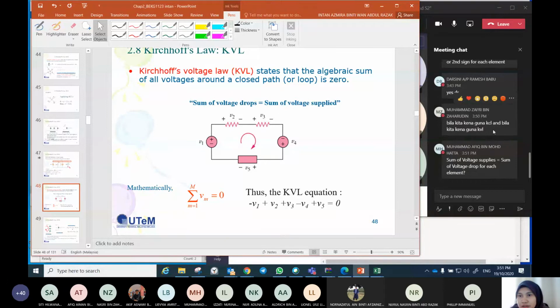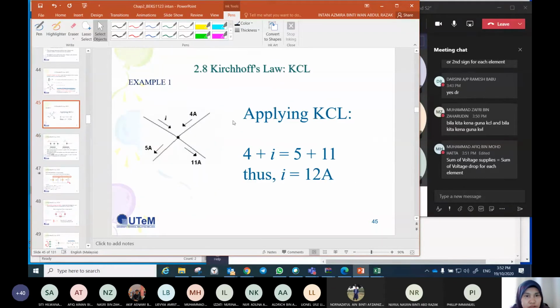When do we use KVL and when do we use KCL? If we want to find the voltage in a loop, we use KVL. If we want to find current, because current is involved with branch and with node, we use KCL.